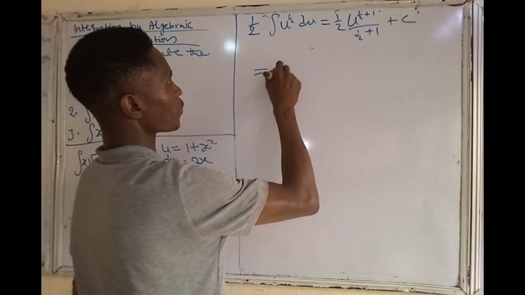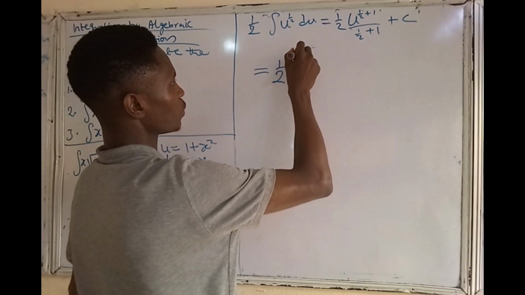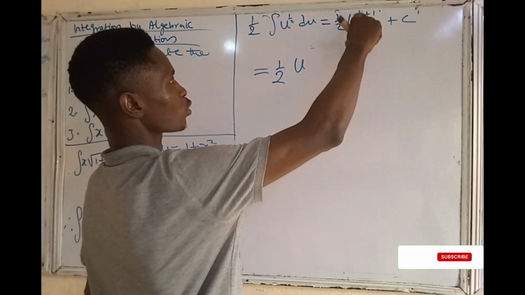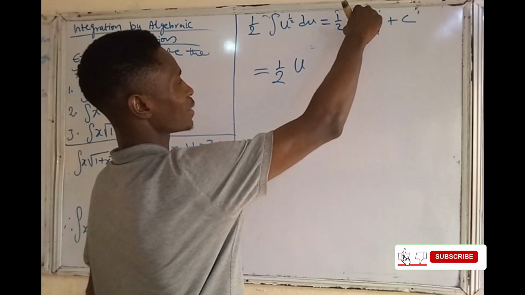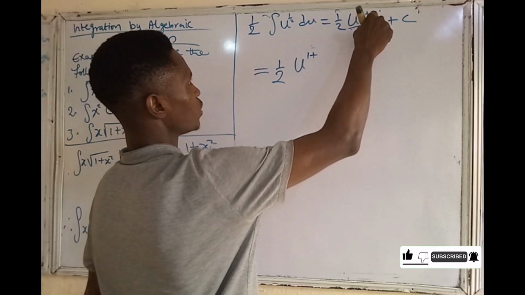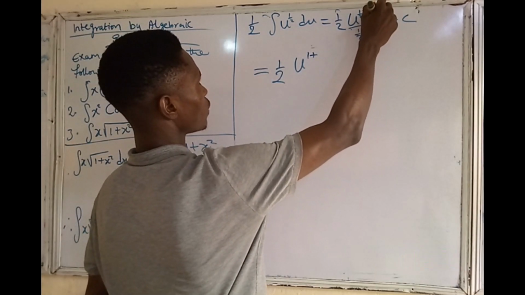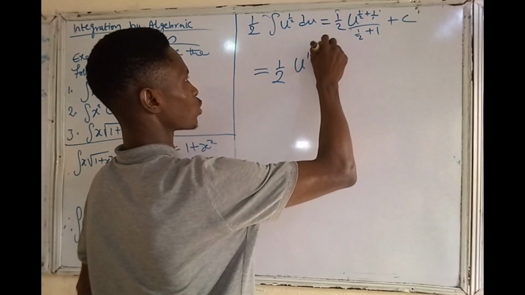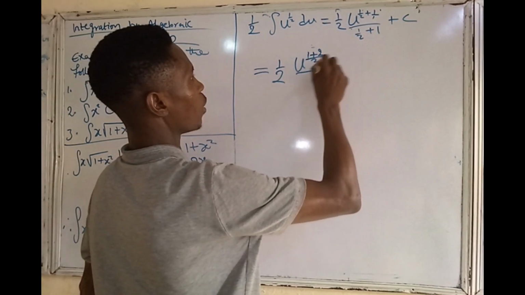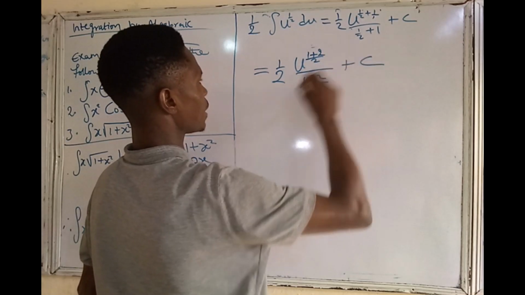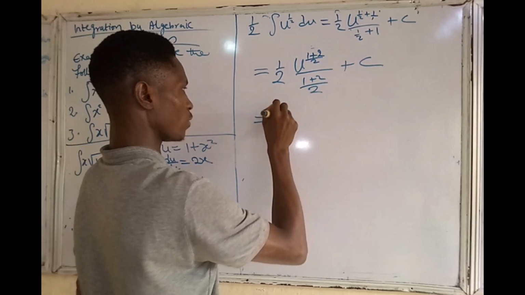The LCM here is 2. So 2 divided by 2 is 1, 1 times 1 is 1. So we have 1 plus 2 divided by 1, because there is an invisible 1 here, is still 2. 2 times 1 is 2. So this is 1 plus 2 over 2 plus c.